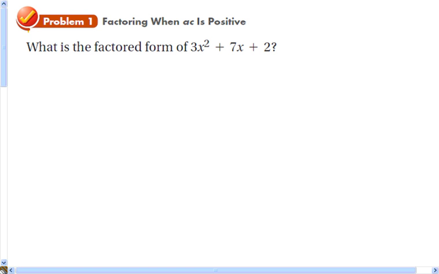All right, we're going to learn how to factor trinomials that have a term at the beginning, a coefficient other than 1, which makes it a little more difficult. We end up with a lot more possibilities.